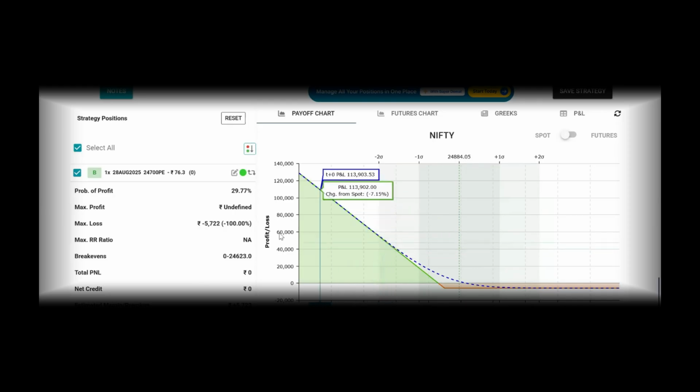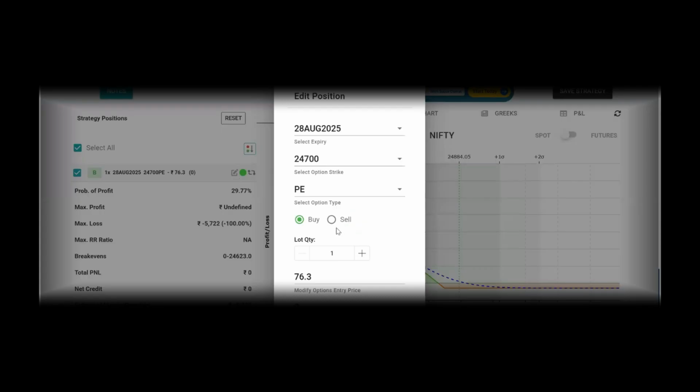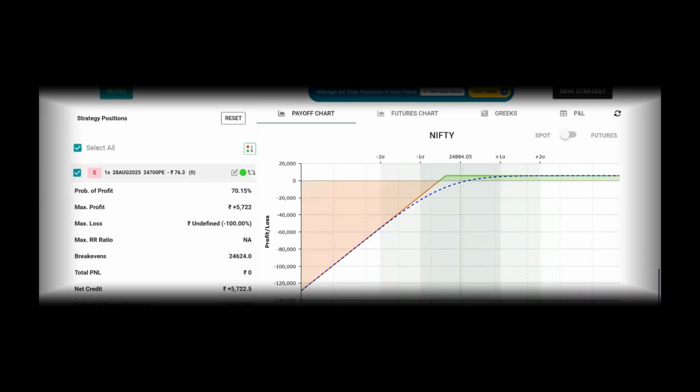Okay. Now we will make a modification. Instead of buying the contract, let us say we sell the same contract, and then look at how the payoff chart would behave. The payoff chart completely reverses. Why is that so? That is because when you are an option seller, your intention is like that of an insurance salesman who sells an insurance and hopes that the customer would never need a payoff.